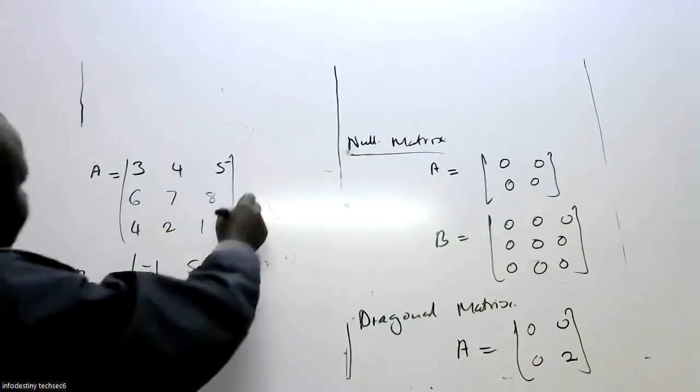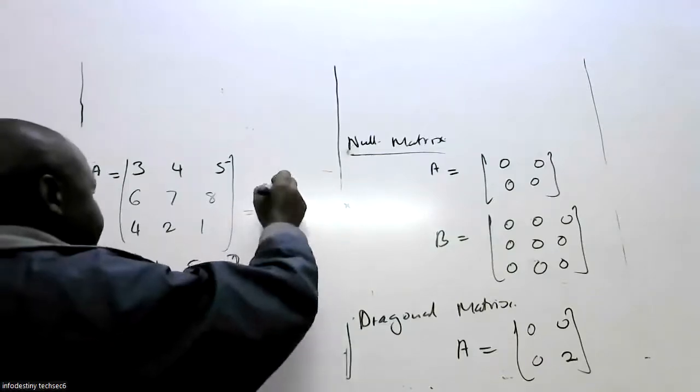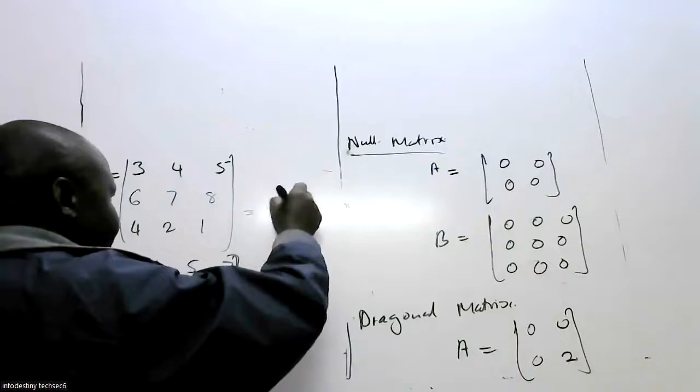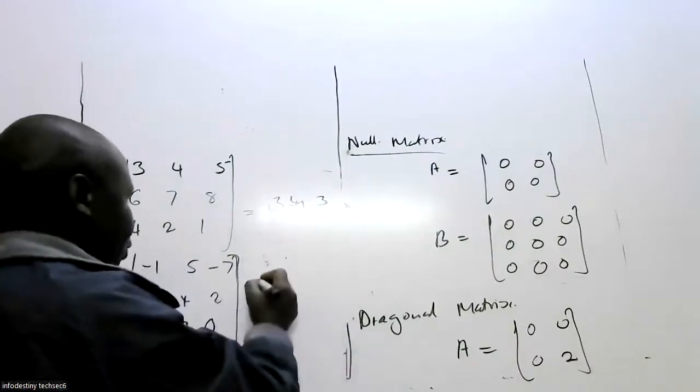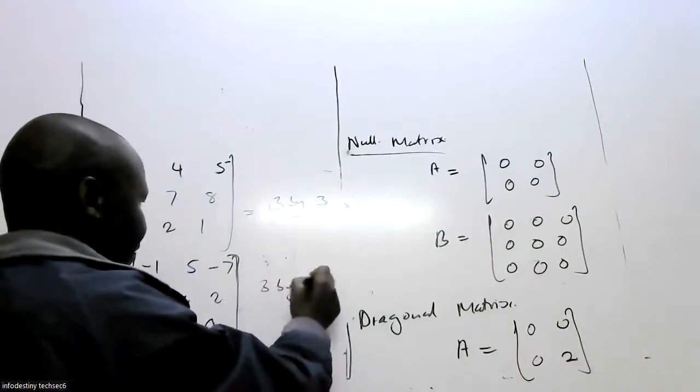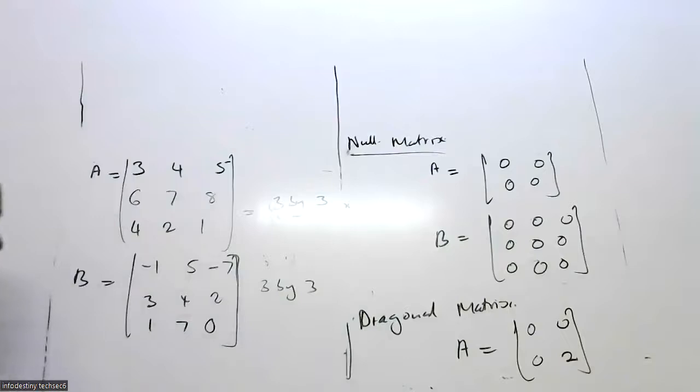Now this particular matrix is going to be 3 by 3. So if you are told to subtract the two matrices, we can say A minus B.